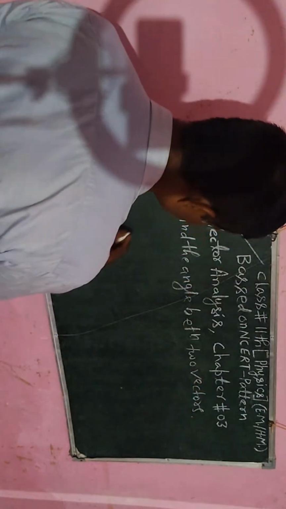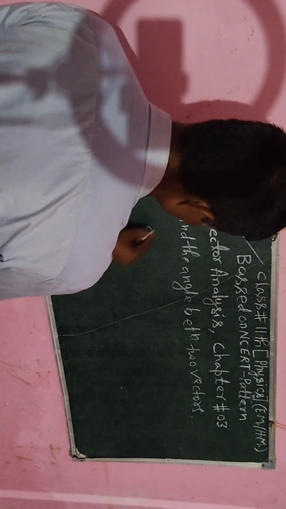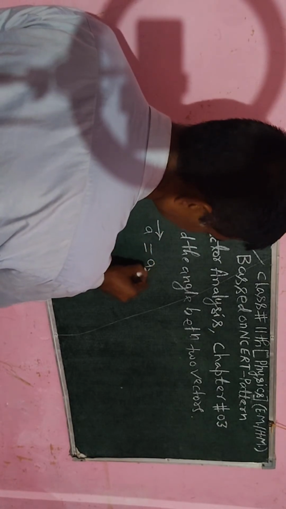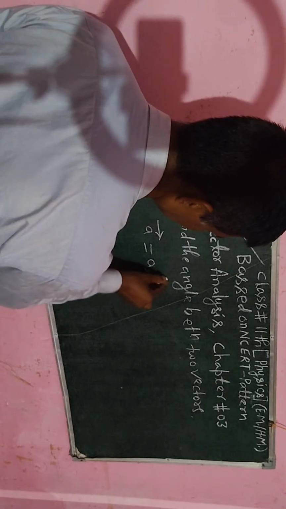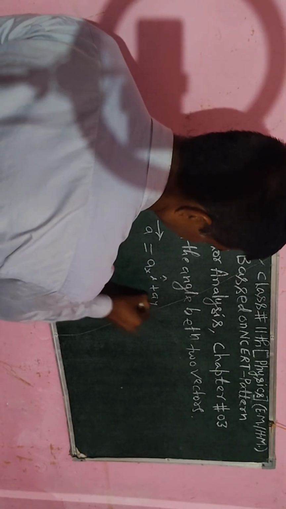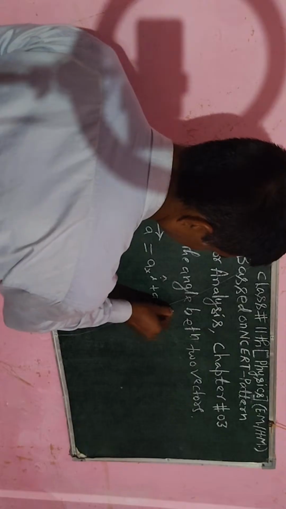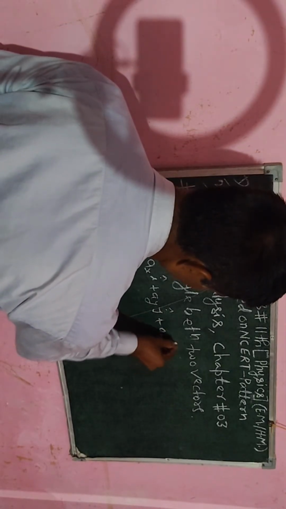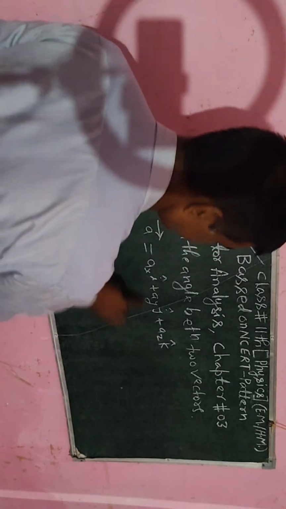Now I will consider one vector, that is A, which is represented as Ax i cap plus Ay j cap and also Az k cap. So all the unit vectors I have used here.